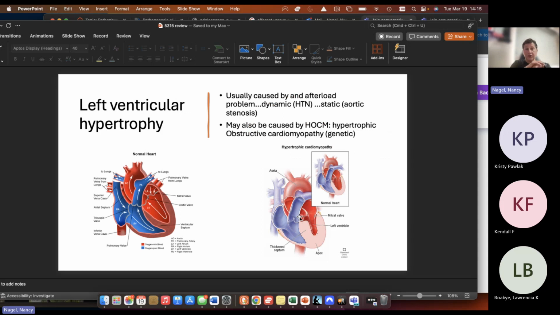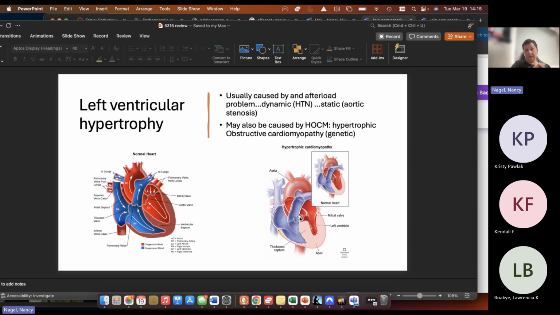Okay, left ventricular hypertrophy is something that we see a lot in the ICU. Now, as I referred to just a little bit ago, it's caused by that left ventricular muscle being used a little bit more than normal. So it has to overcome two types of afterload.